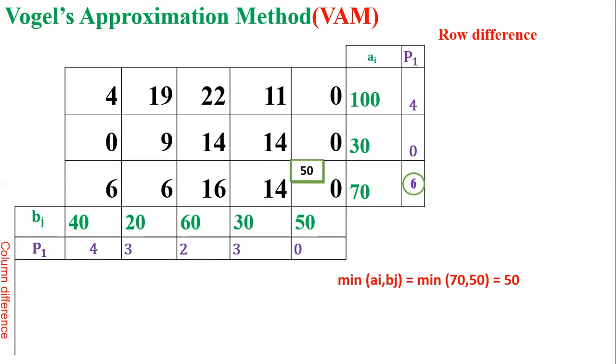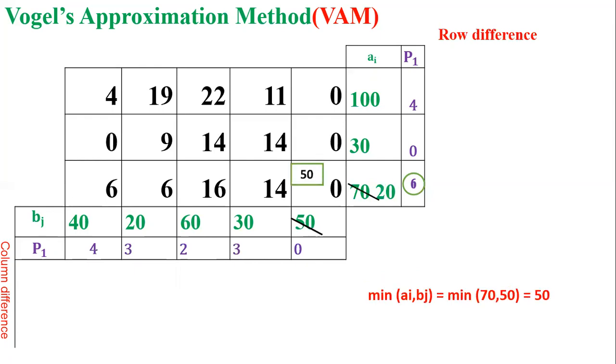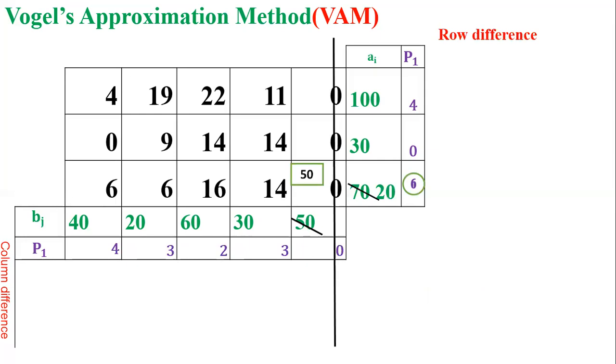So 50 minus 50 is 0, a zero balance, and 70 minus 50 is 20, because 50 is utilized. Which one has a zero balance? You have to strike out that row or column. The column has a zero balance, so you have to strike out that column, that means the demand.